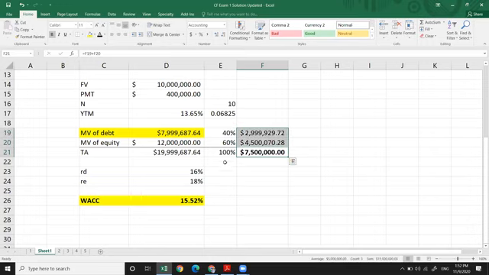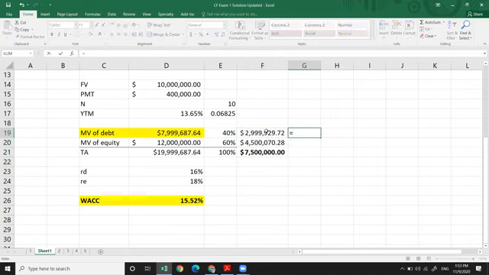But in the calculation, we don't use them. Just for clarification, I showed you here that the proportion of debt is the same. How do I know it's the same? This divided by this is 40, and this divided by this is 60.